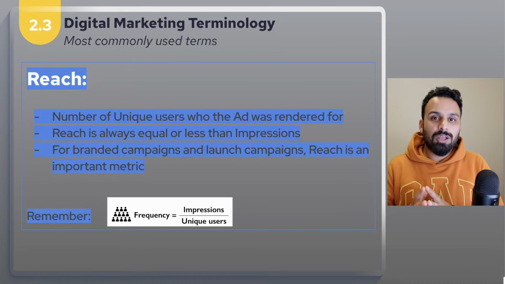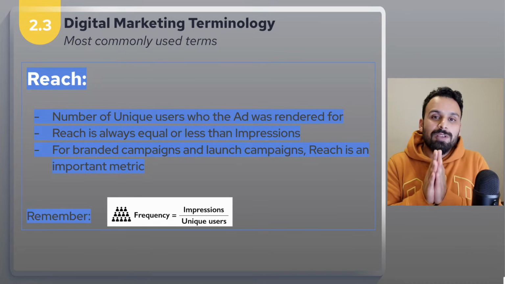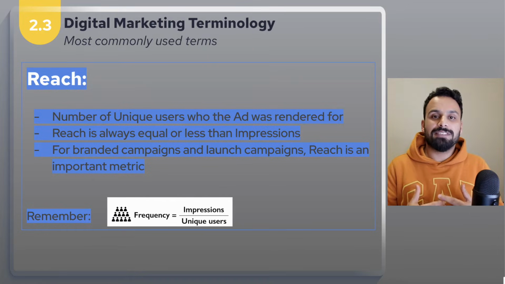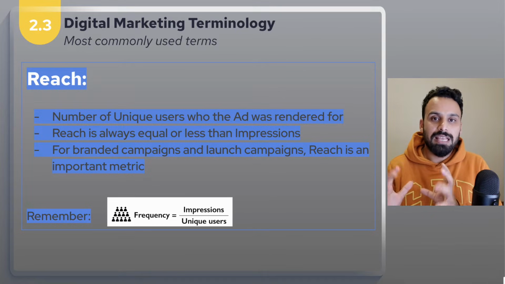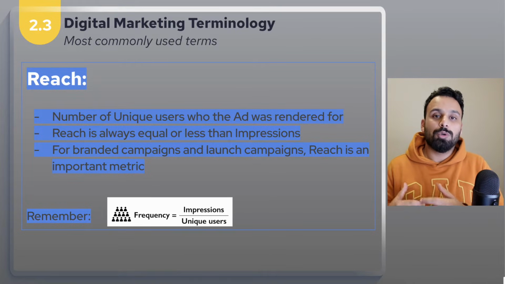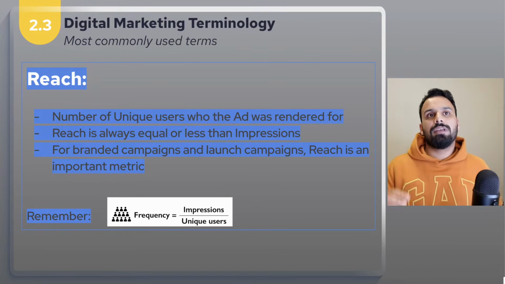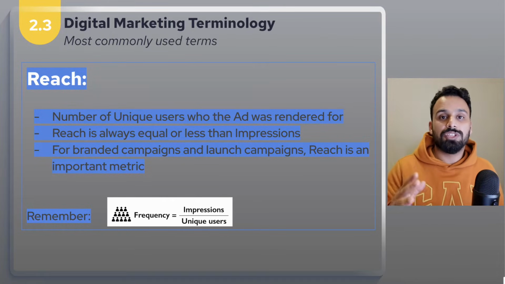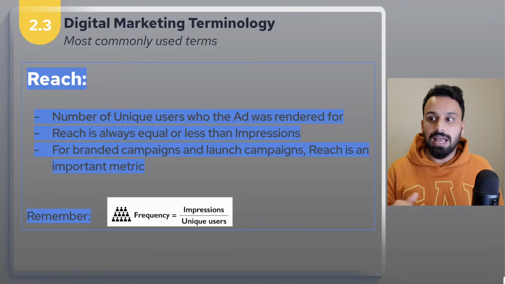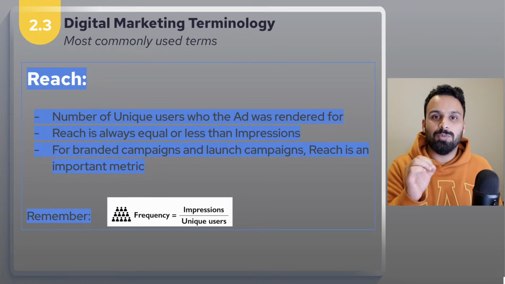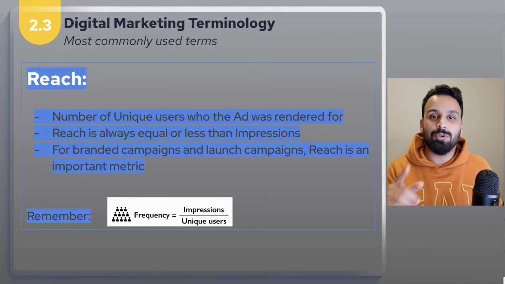So for that, they always look at reach and impressions, which derive a metric called frequency. Frequency is the number of times a campaign was shown to the same person on average. For example, if a campaign had 100 impressions and the reach was 100, which means this campaign was exposed at most 1 time to each person, the frequency is 1.